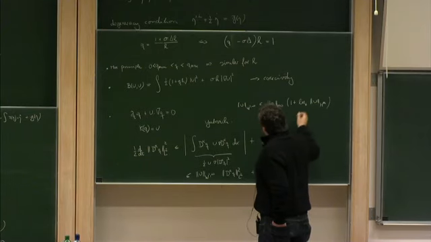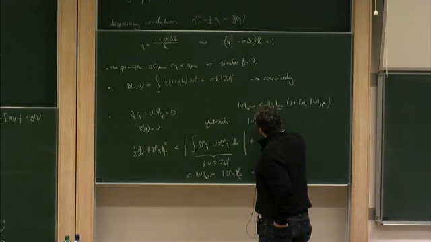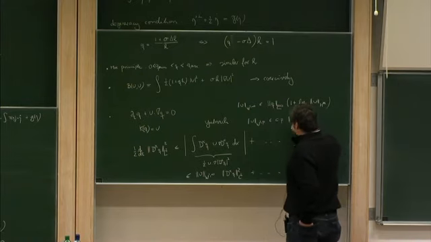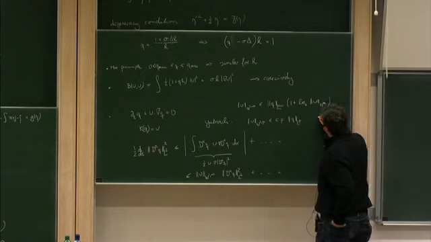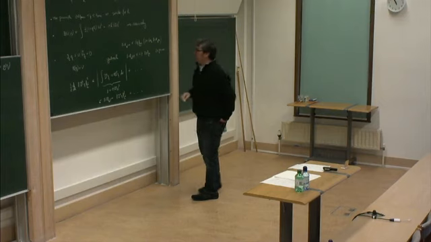You can get estimates of that type if you essentially show that the norm of U in W^{1,p} is less or equal to C_p times the norm of Q in L^p, for 2 less than p less than infinity.